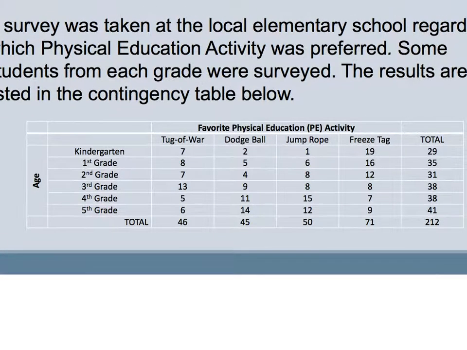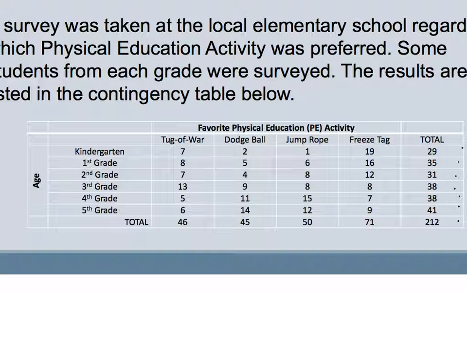Alright, so if I blow this up a little bit where you can see it better. Over here is ages. So there are 29 kindergartners, 35 first grade, 31 second grade, 38 third grade, 38 fourth grade, 41 fifth grade, 212 kids all together.